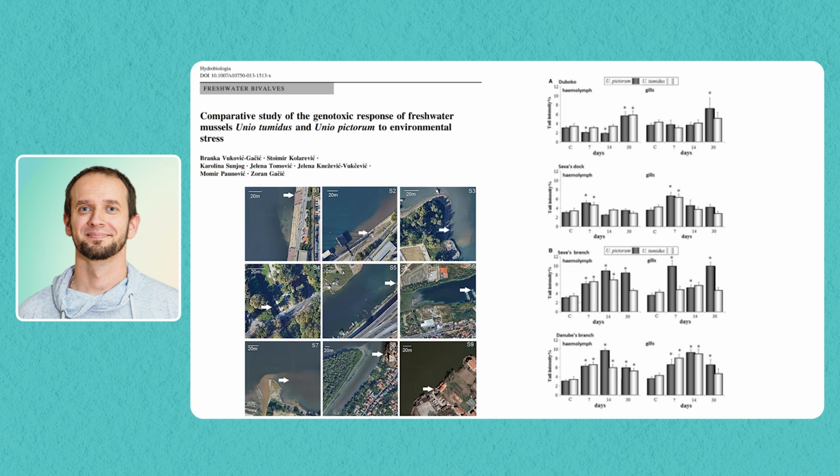We exposed mussels at these sites in these net cages. And you can see at these heavily polluted sites that we're getting the highest response in animals measured by Comet Assay, let's say after 14 days of exposure, while this reference site was quite fine during this period of exposure.